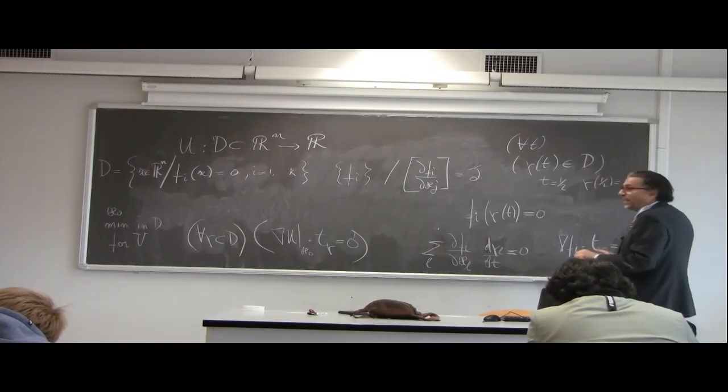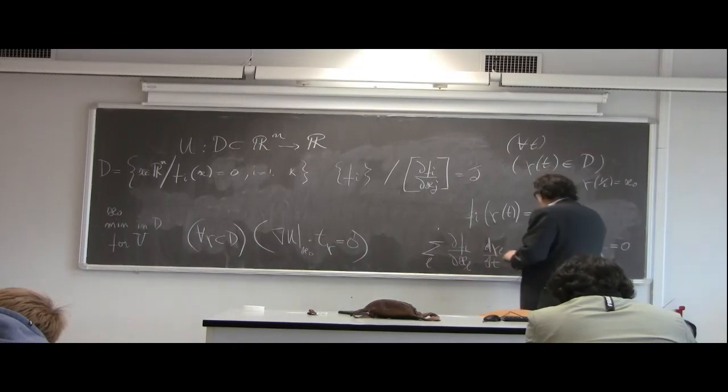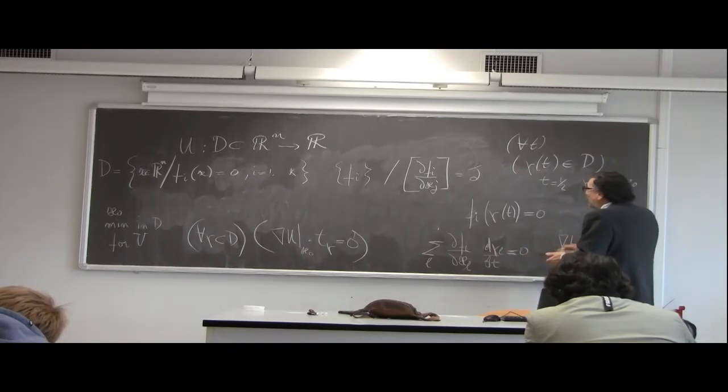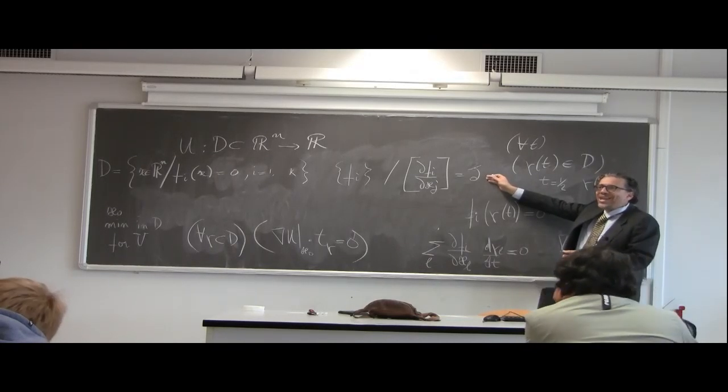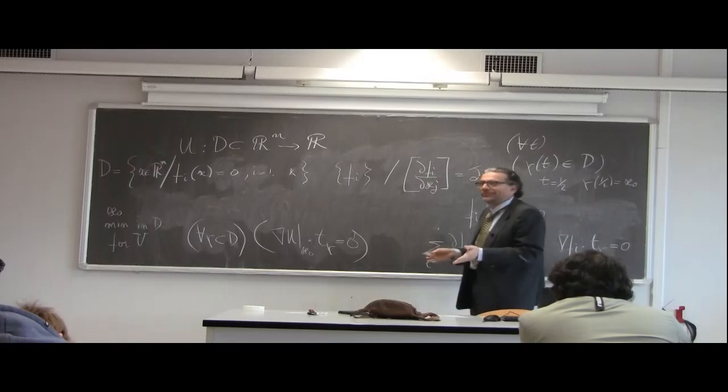Okay, so what do we have? Now you understand why we need the assumption of the Jacobian to be of rank k.